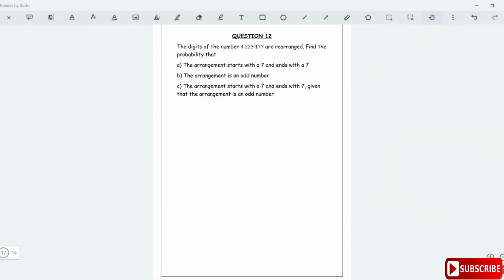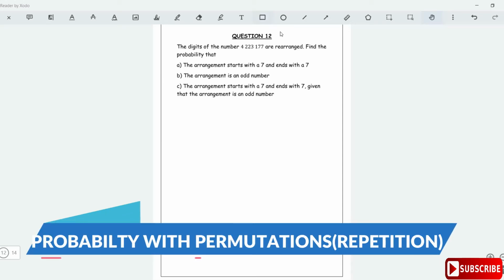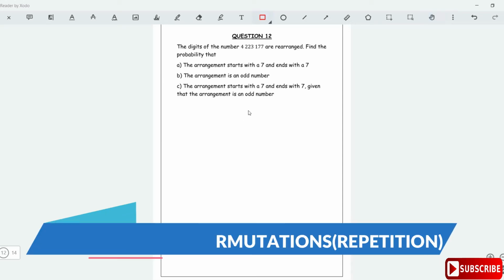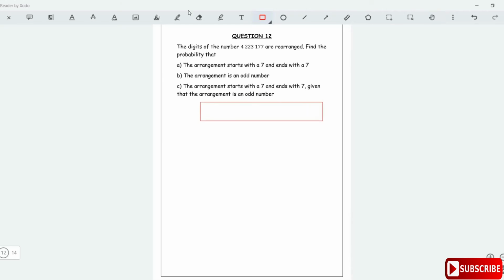Of the number 4223177 are rearranged. Find the probability that the arrangement starts with 7 and ends with 7. So if the arrangement starts with 7 and ends with 7, first things first, this is permutation with restriction and repetition, because we see 2s are repeated and 7s are repeated.